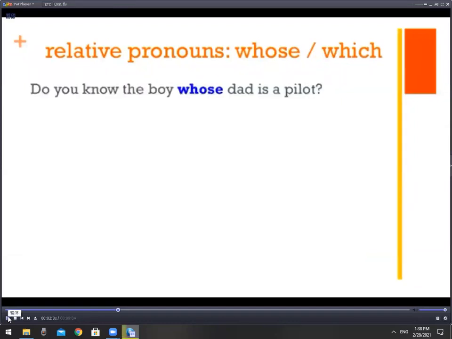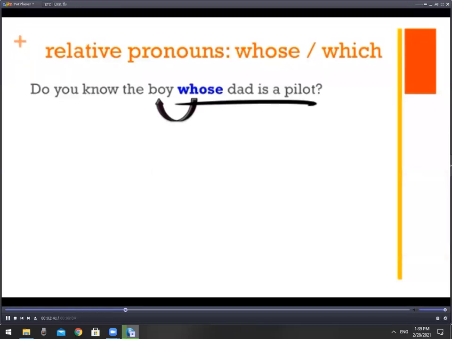Okay. So we're gonna move to another part of relative pronouns, whose and which, as you know, equal to that, but with objects or things. You're gonna see right now. Here's your sentence, your question actually. Do you know the boy whose dad is a pilot? In this case, we have whose dad is a pilot.